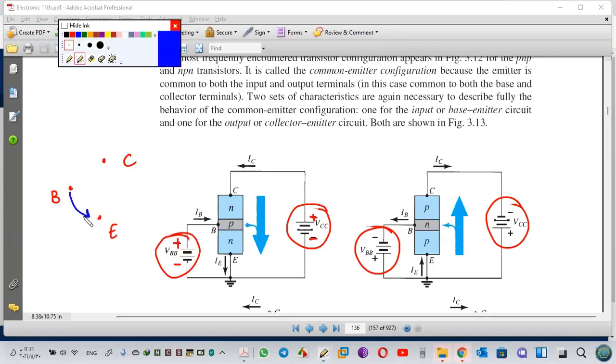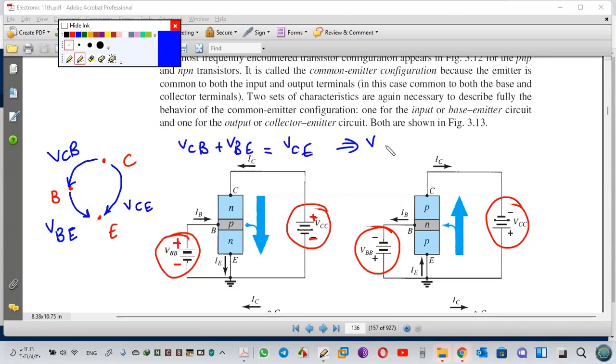So this is VBE, this is VCE, and we have another volt called VCB. If I want to write Kirchhoff, it is VCB plus VBE equals VCE. That means VCB equals VCE minus VBE.